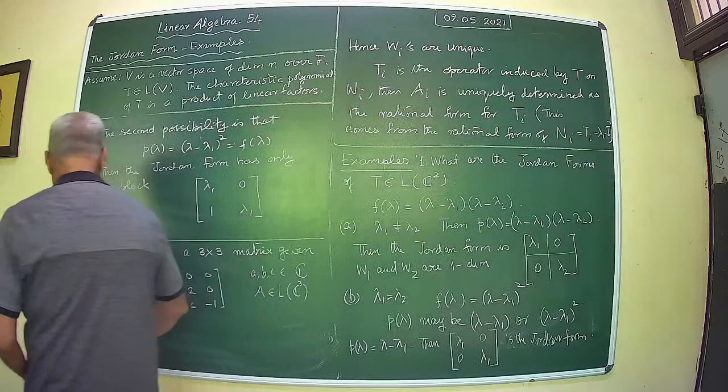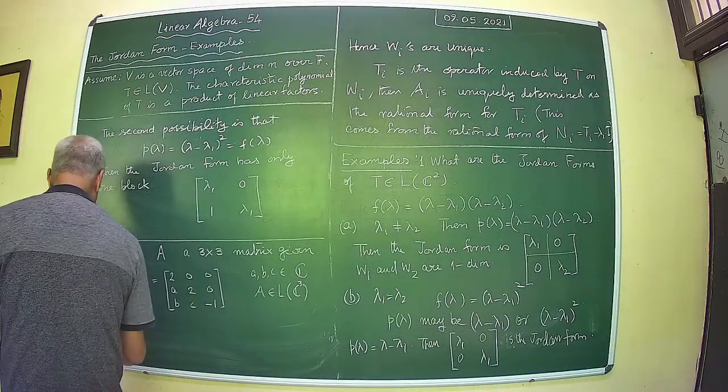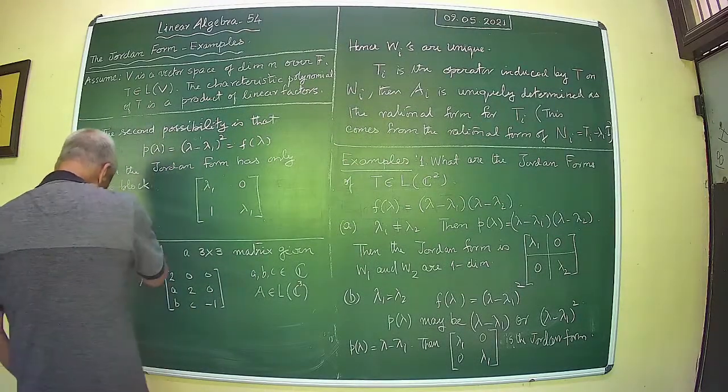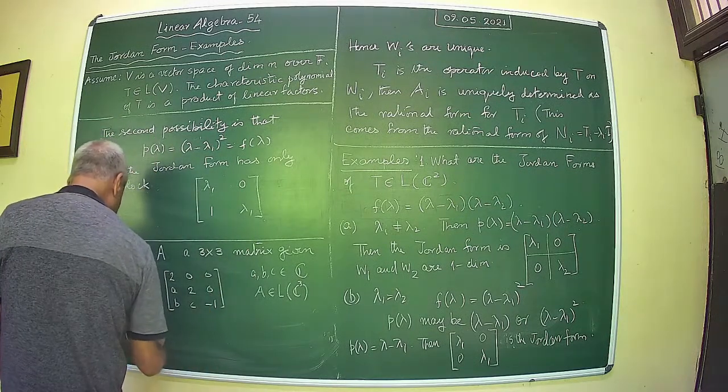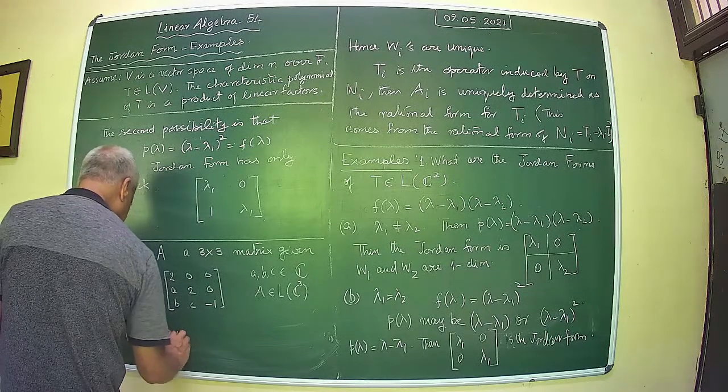Then you see that it is easily computed. f lambda in this case computes as lambda minus 2 whole square into lambda plus 1.